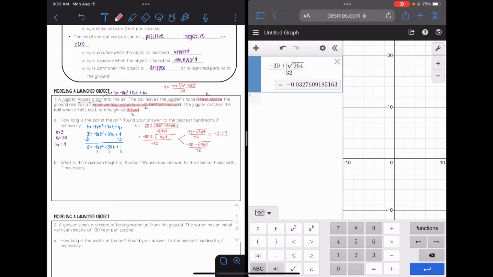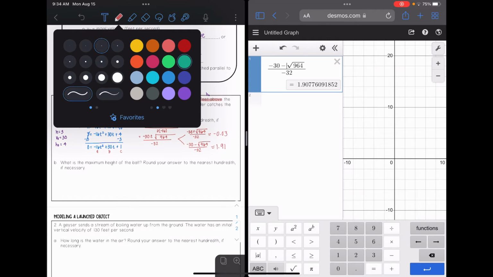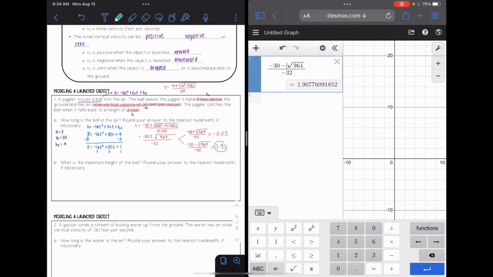And then I'm just going to change this plus to a minus. And I get 1.91 when I round to the nearest hundredth. And so I see I get two different answers there, but I'm looking for just one, and I want to know how long the ball is in the air. Well, I can't have negative seconds, so that means the ball is going to be in the air for 1.91 seconds.